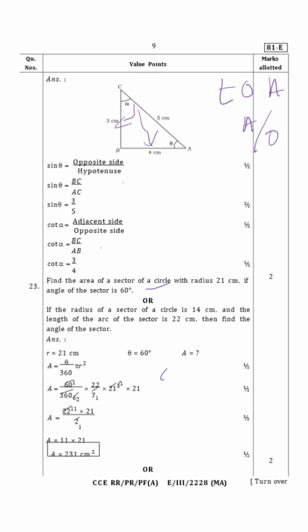Okay, 60 by 360 into pi is 22 by 7, 21 into 21. 0 0 get cancelled. 6 1s are 6, 6 3s are 3, 2s are 2, 11 into 21, that is equal to 231 centimeter square. So area of the sector of a circle is 231 centimeter square.